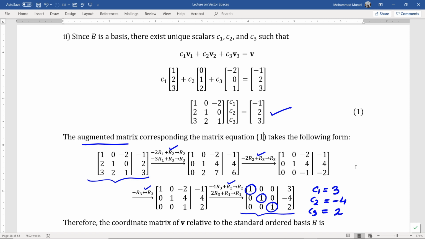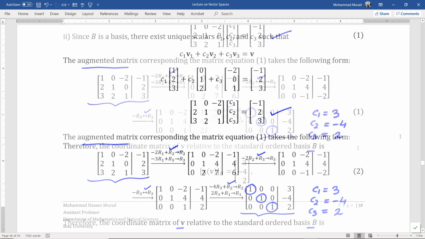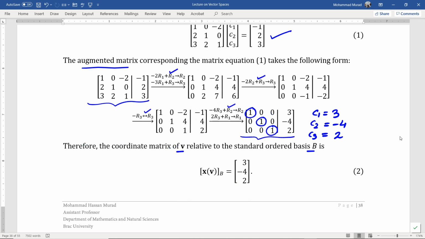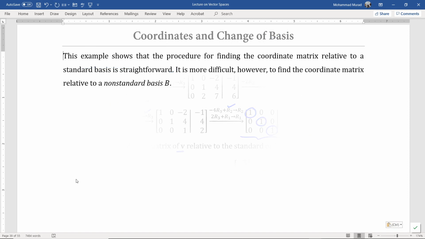Therefore, the coordinate matrix of the vector v relative to the basis B is given by equation 2. This example shows that the procedure for finding the coordinate matrix relative to the standard basis is straightforward.